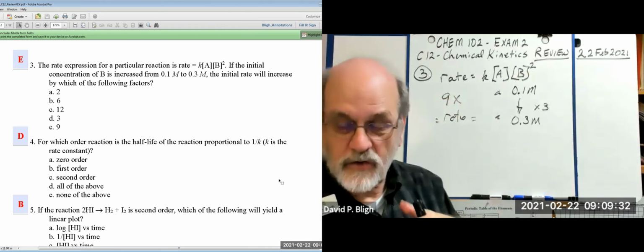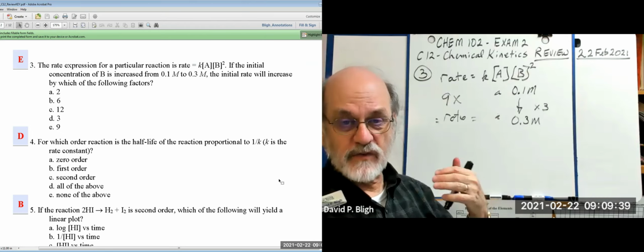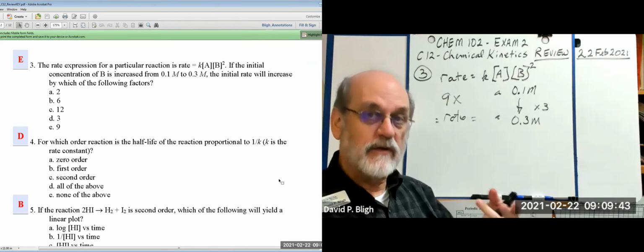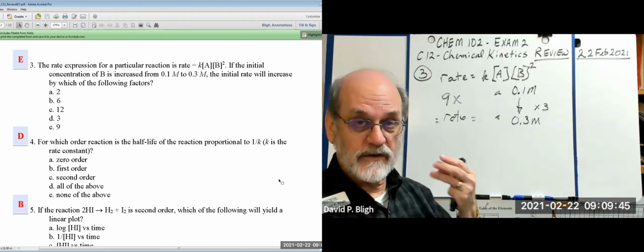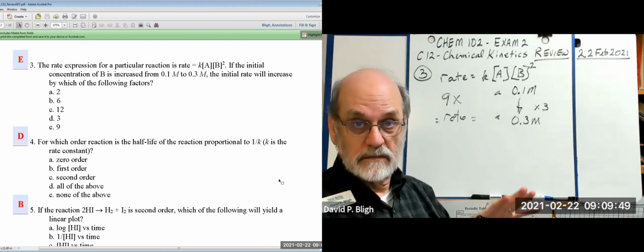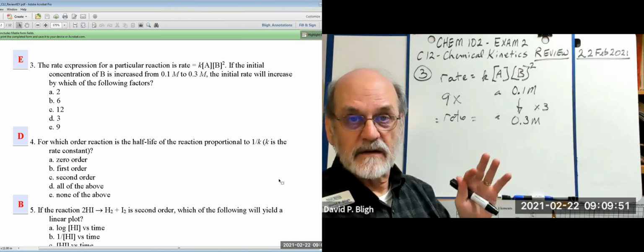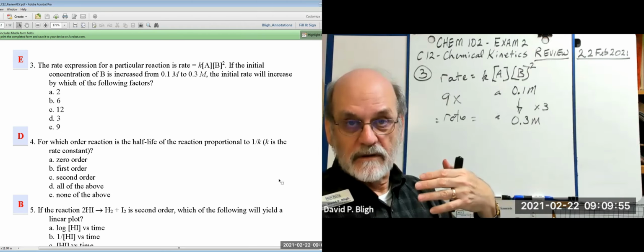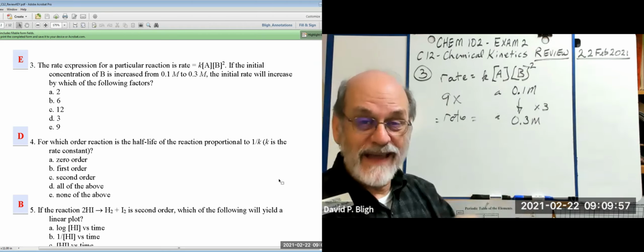So the increase on the rate is 9 times. And remember in the PowerPoint slides, we went through one that basically compared 0 order, first order, and second order, all other things being equal, and we calculated the amount of the reactant that would be remaining.